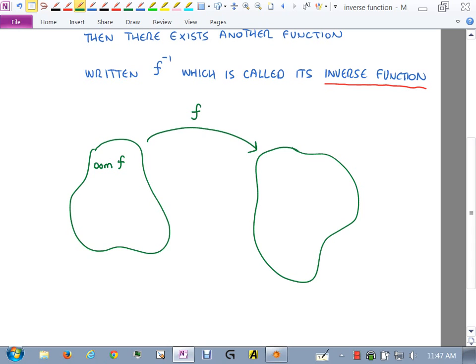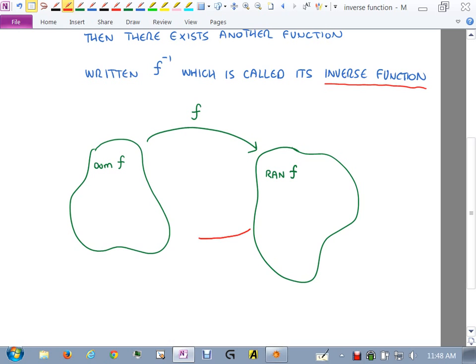So you plug these things into f, and it spits out these things, and this was called the range of f, wasn't it? Sometimes we just say ran f instead of range. We just write ran, so I'm going to do that so you can say you've seen it. Ran f. That's the range of f.